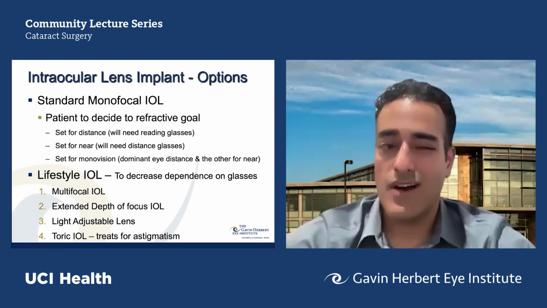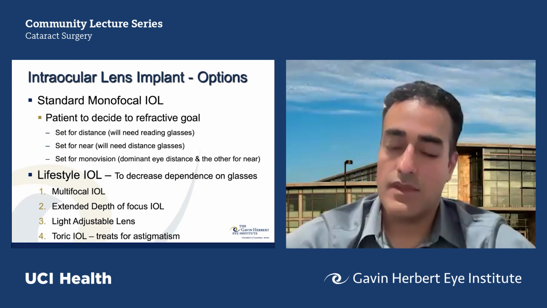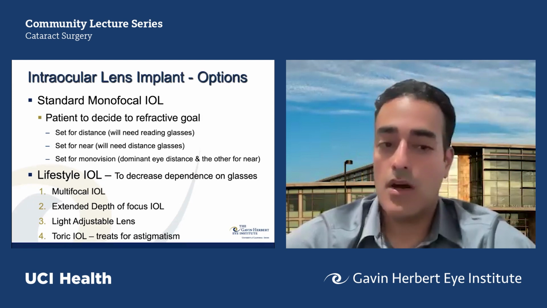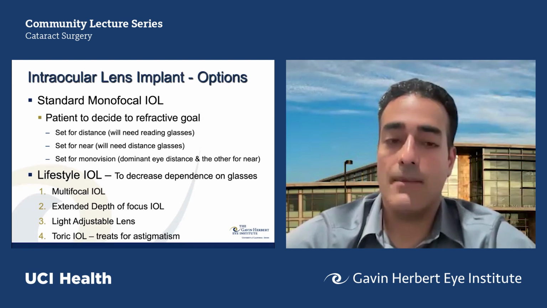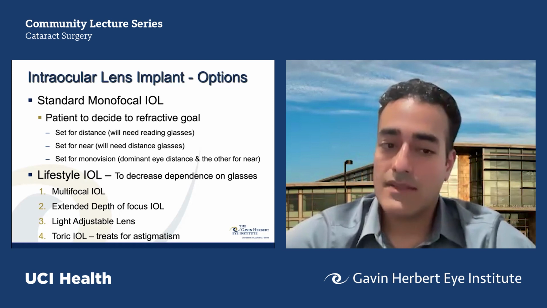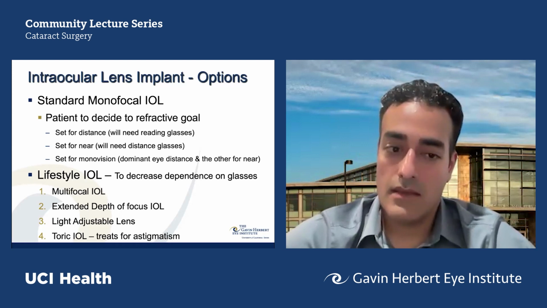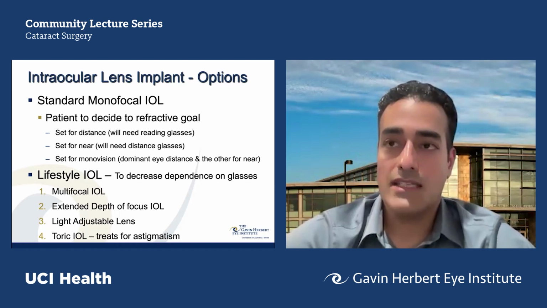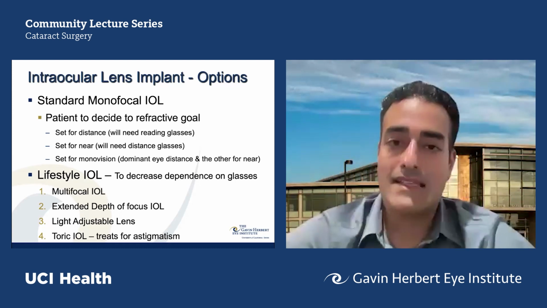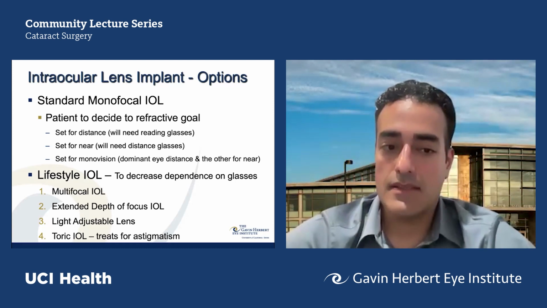Other eye conditions can get in the way, for example severe glaucoma, macular degeneration, or severe diabetic retinopathy. But outside of those, they are great options for people who are trying to be less dependent on glasses for many of their daily activities.